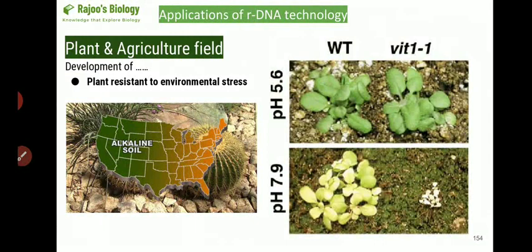Similarly, the plant can be modified by finding the genes which make them sustain under alkaline soil, acidic soil, and heavy salt soil. This is one of the achievements which is nowadays possible: to find the gene and develop a plant which can grow under highly acidic or alkaline soil.